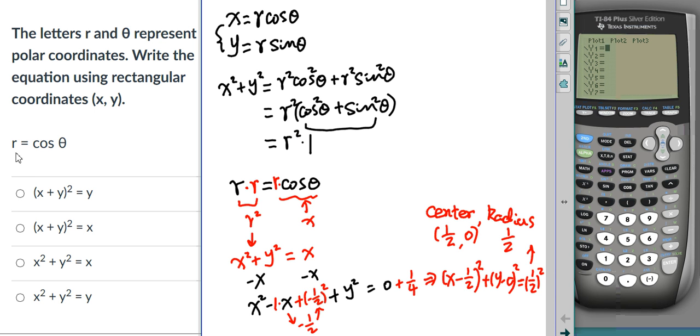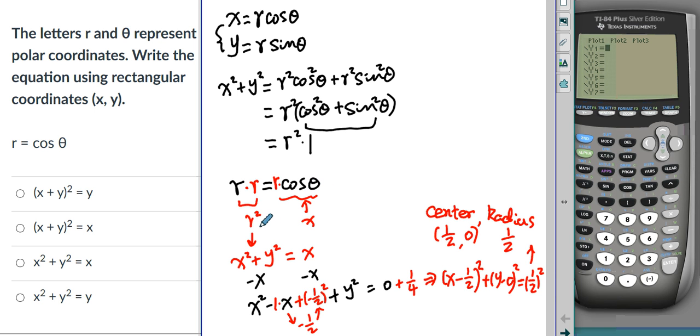Now, we're given this one: r equals cosine theta. If both sides are multiplied by r, the left-hand side will be r squared, and the right-hand side will be r cosine theta.